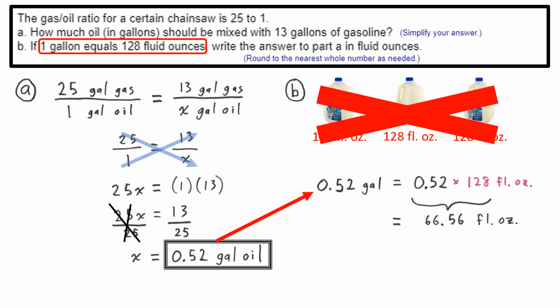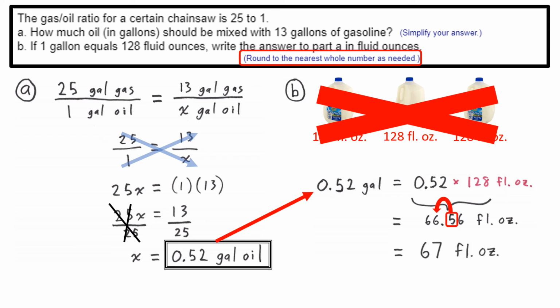We're not quite done. The question says, round to the nearest whole number as needed. So we have to look at the tenths place, which I'll circle here, and that's where the 5 is. And we'll use that tenths place to tell us how to round the 6. Since the tenths place is 5 or greater, we'll round up, giving us 67 fluid ounces.